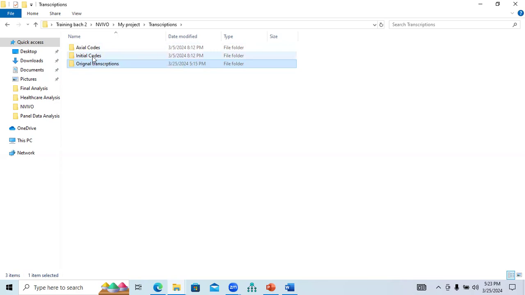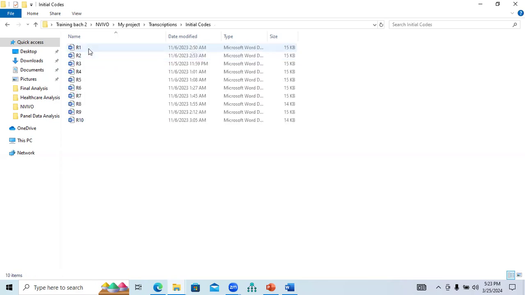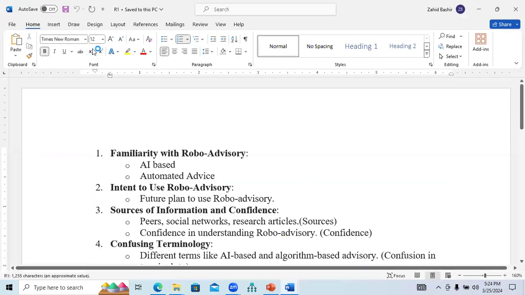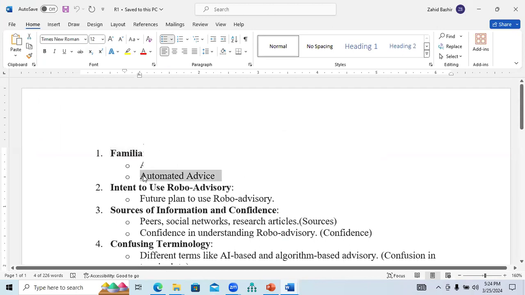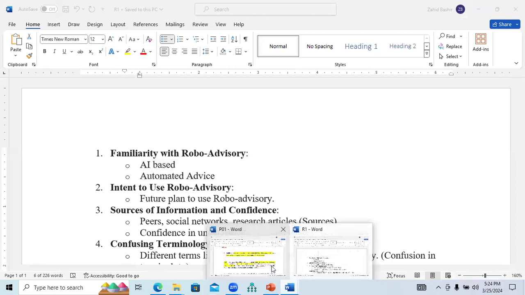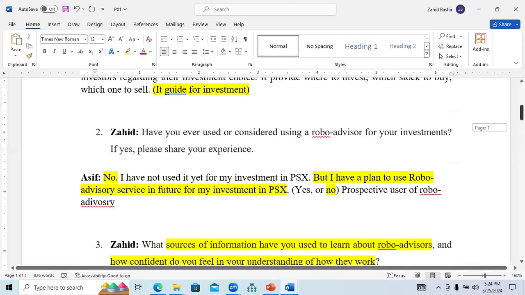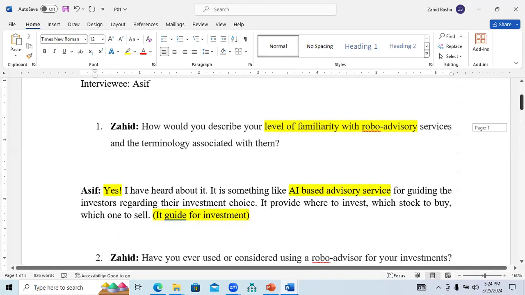So, what kind of initial codes did I generate? I have given the description here, like in case of familiarity with robo advisory, AI-based or automated advice. These are the line by line codes that I have generated from the response to the first question.